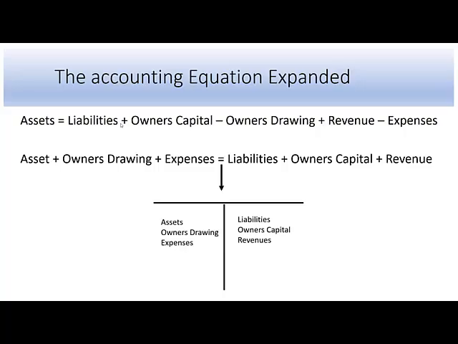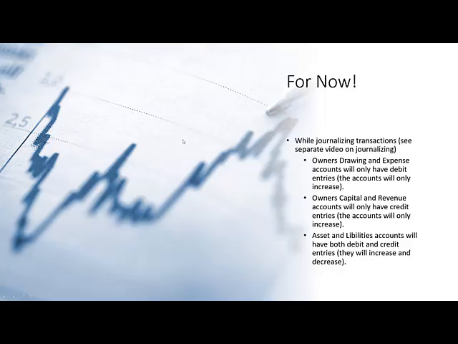And so if we keep this in our notes and we can refer back to it, this might help us as we learn how to journalize and record account transactions and which ones get debited and which ones get credited. And along those lines, for now, this will change down the road as we learn some more and move into chapter 4.